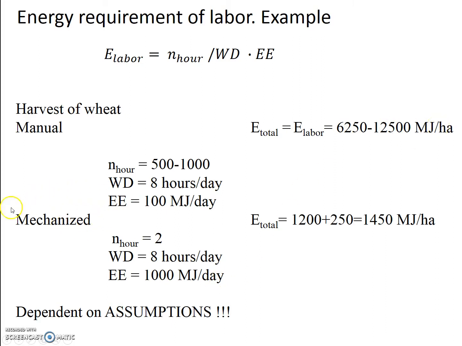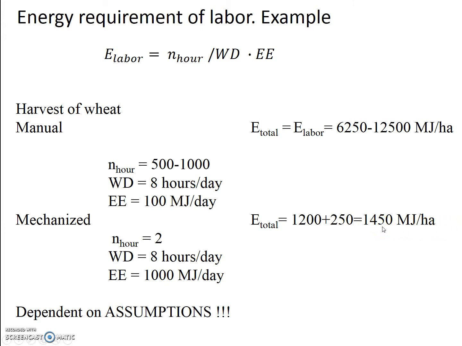If we use a mechanized system, then we only need 2 hours to harvest 1 hectare, and assuming working duration of 8 hours per day, but now increasing the embedded energy to 1000 megajoules per day, that means a developed country, the total energy required would be the energy required using the machine and the energy required by labor, which is 250, and the total would be 1400 megajoules per hectare.